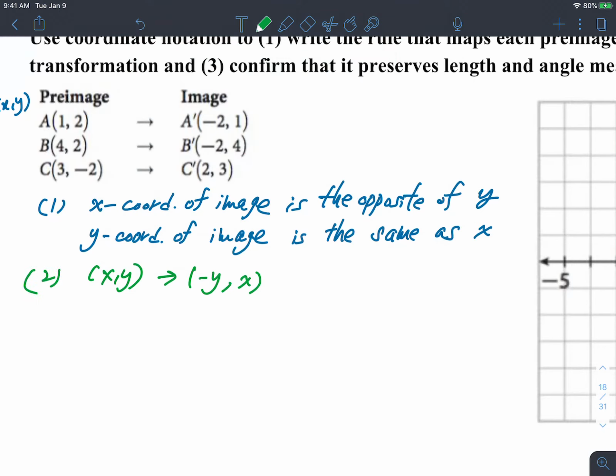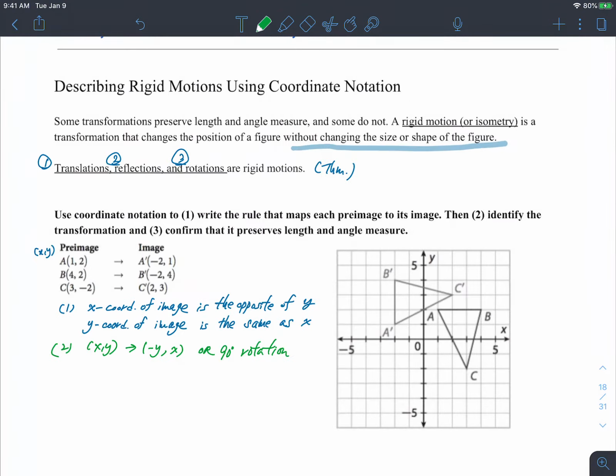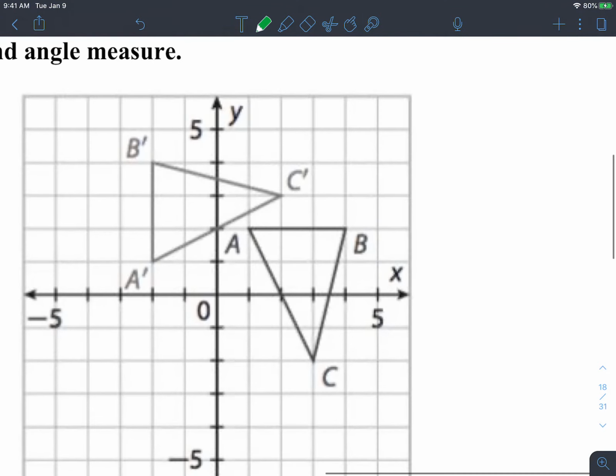I'm going to tell you that this is a 90-degree rotation. And the reason why I can tell you that, without having to draw a new picture, is this. Take a look at this, guys. In this particular example, we have 1, 2, 3, 4, 1, 2.